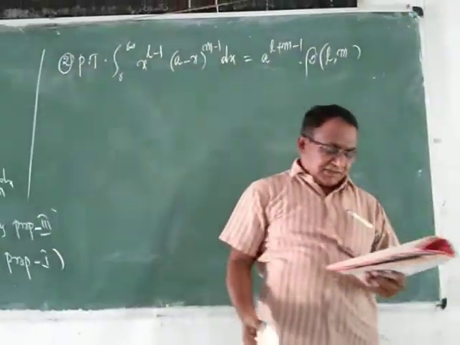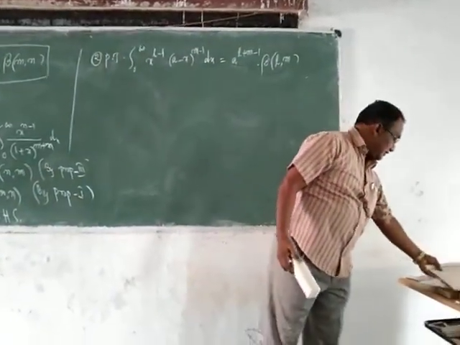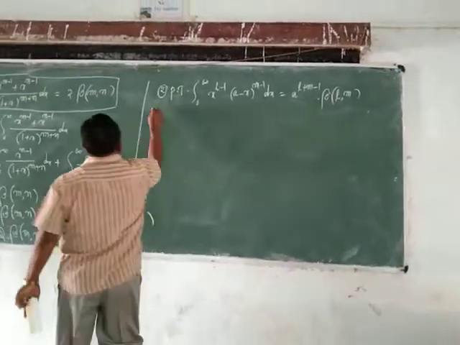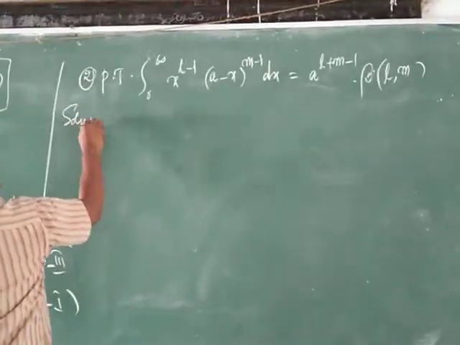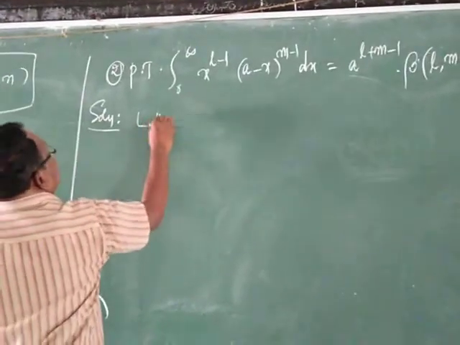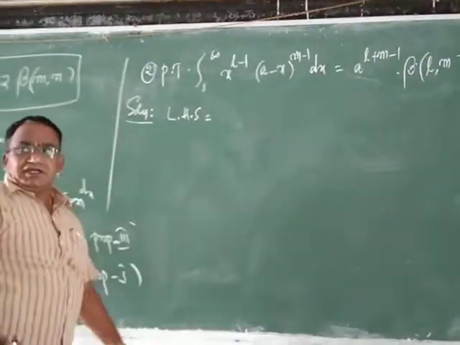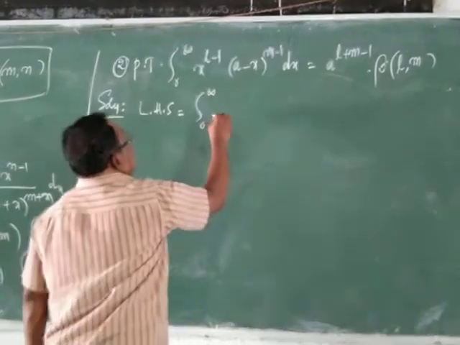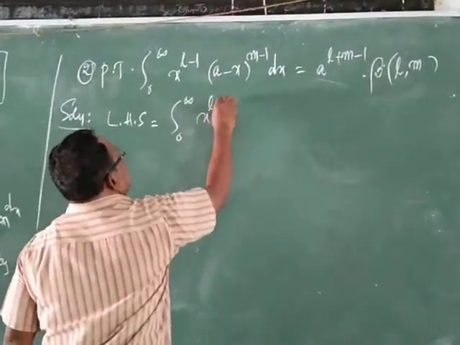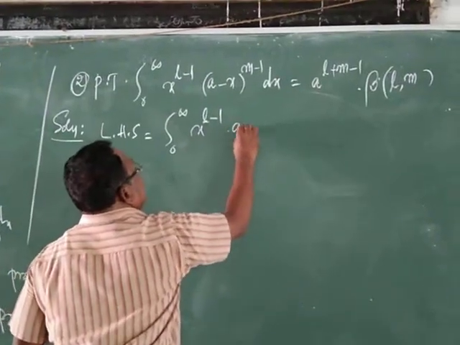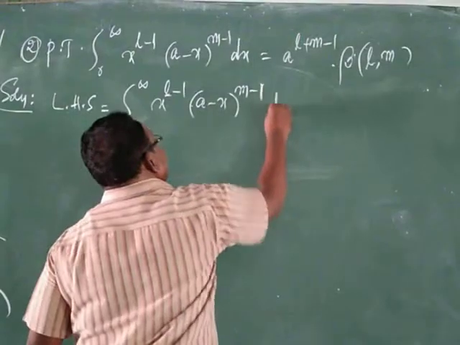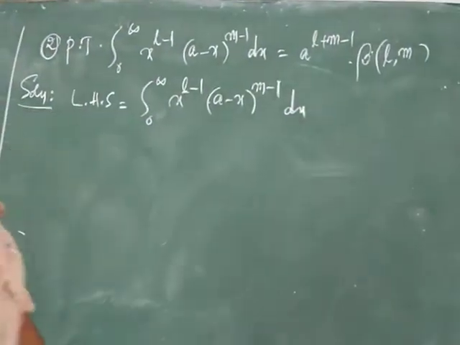In order to prove this, once again let us consider the left hand side to be proved. LHS is the integral of x to the power l minus 1 into (a minus x) whole to the power m minus 1 dx.